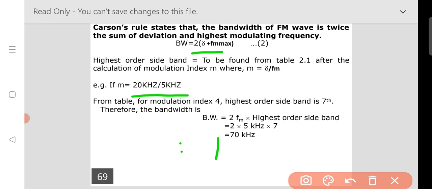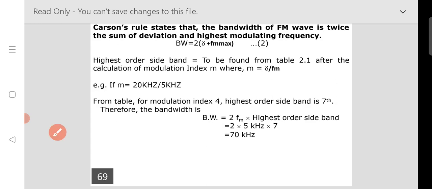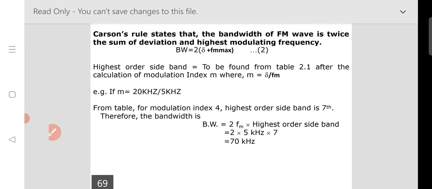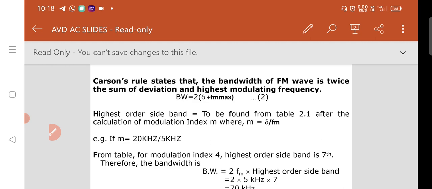Therefore bandwidth is 2 into fm into 7, which is 70 kilohertz. In this way, the bandwidth calculation is done using the first method. This is the second method, Carson's rule. I hope you understand this class. Thank you.